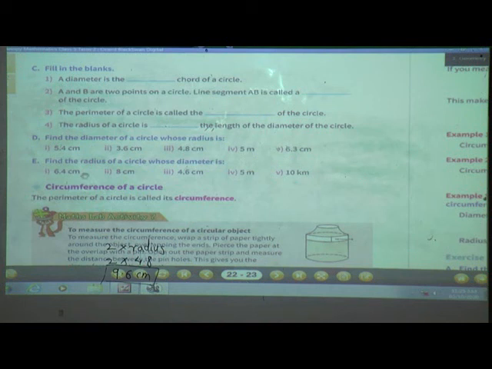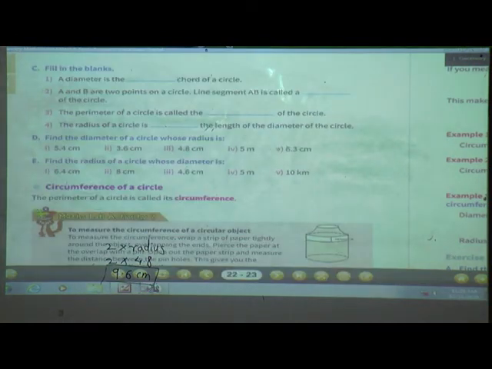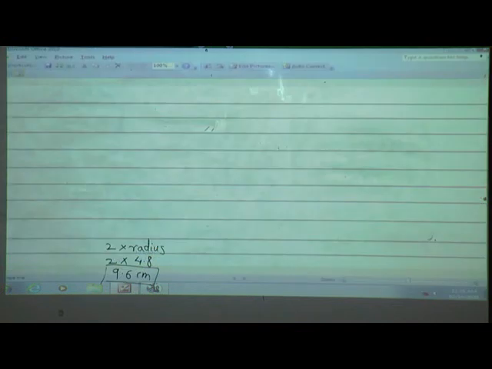Here we'll see second one, 8 centimeter. Question number E, second one, 8 centimeter. So what is the formula to get the radius?